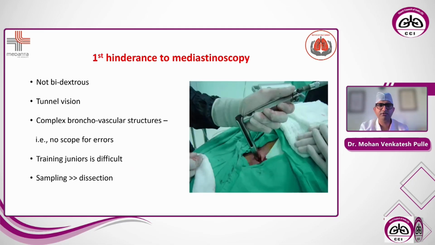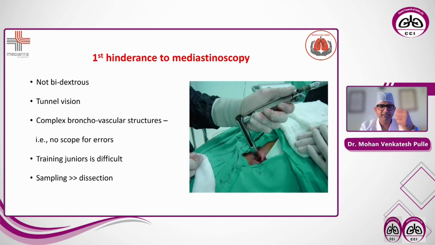You can see here how a mediastinoscopy is done conventionally, cervical mediastinoscopy. The surgeon holds the instrument with one hand, and has only one hand to work with. Surgeons are not used to this kind of procedure; they are trained to do surgeries with both hands.